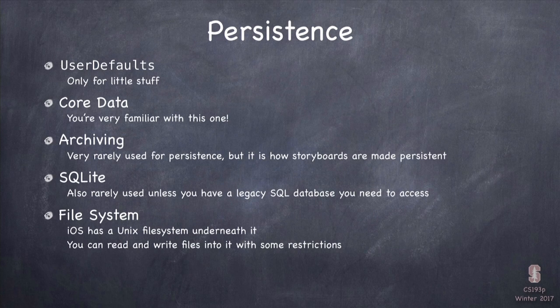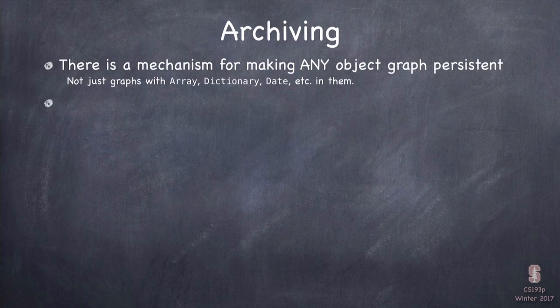Core Data is actually built on top of SQLite, but you don't have to access SQL directly. And finally, you can make things persist by putting them in the Unix file system. iOS has Unix underneath, so you can put things in that file system. We'll talk about how to do that. So let's talk about the archiving thing.